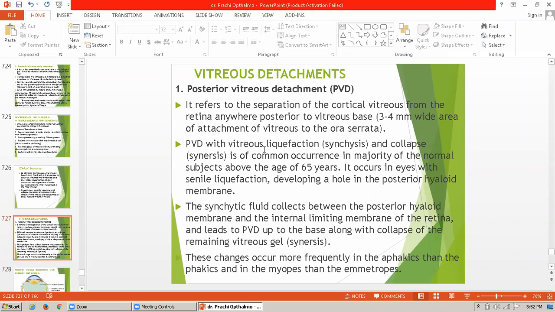PVD with vitreous liquefaction, that is synchysis, and collapse, that is syneresis, is of common occurrence in the majority of normal subjects above the age of 65 years, and it occurs in eyes with senile liquefaction.